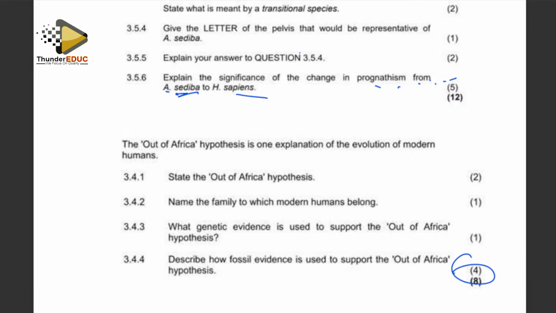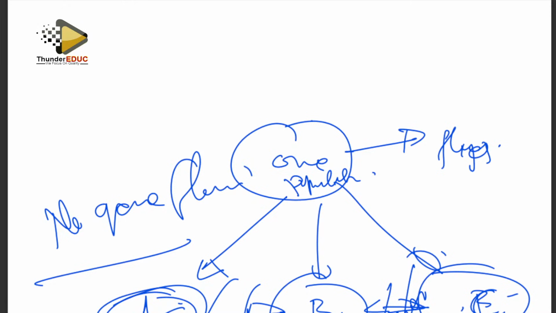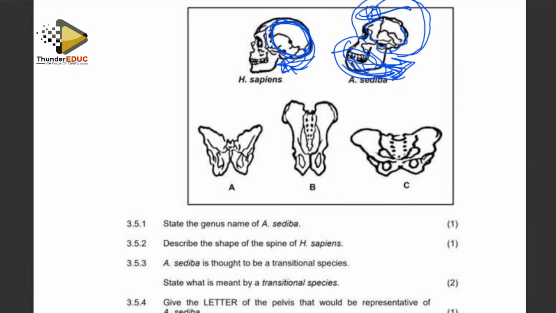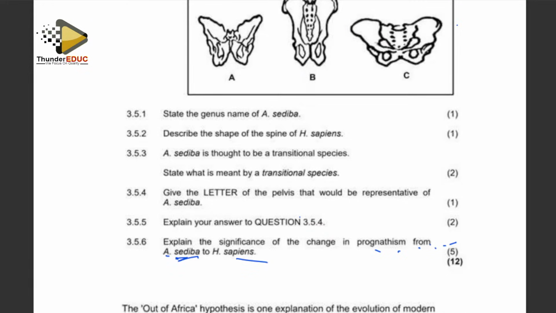So guys, that is what you're supposed to write when it comes to that. Make sure, I repeat, make sure you go through all those questions.